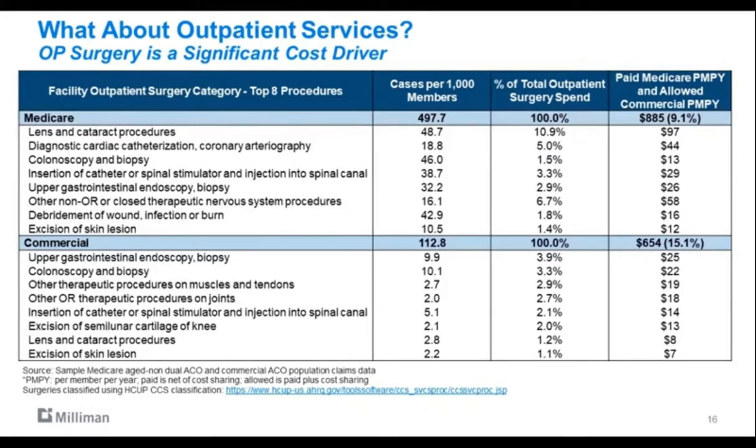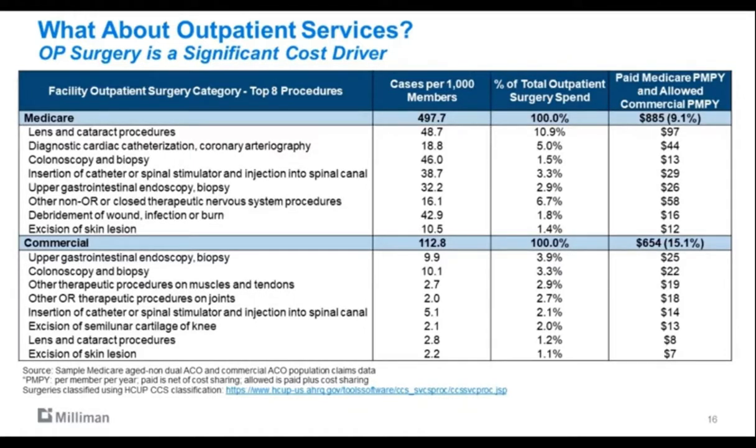Now, another big cost driver, if we see on the top, the last column, and we went back to the cost model, we'd see 9% of total Medicare spend is for outpatient surgical procedures, and 15% of commercial spend is for outpatient surgical procedures. So again, a big cost driver.